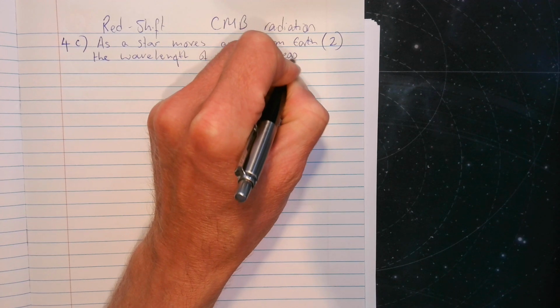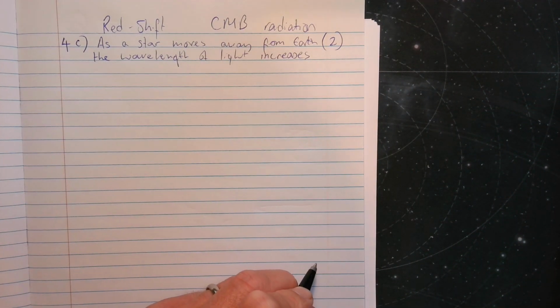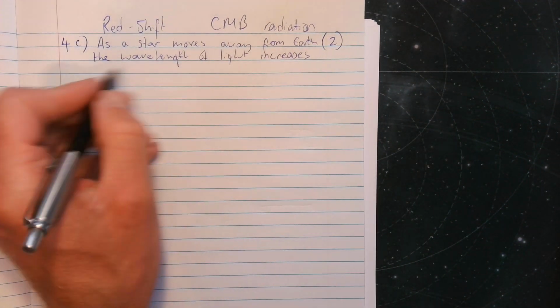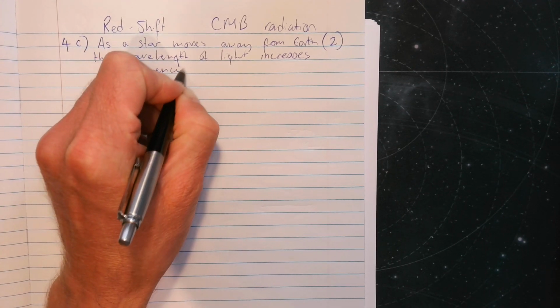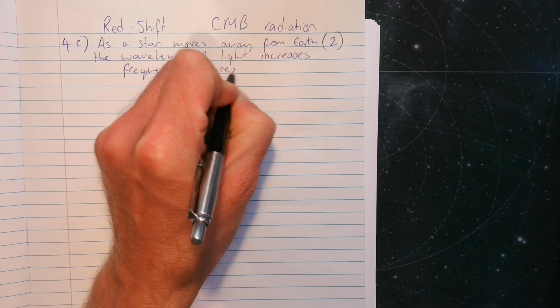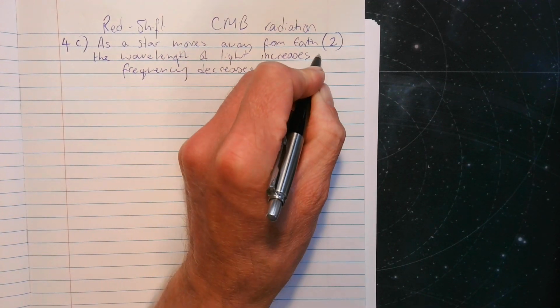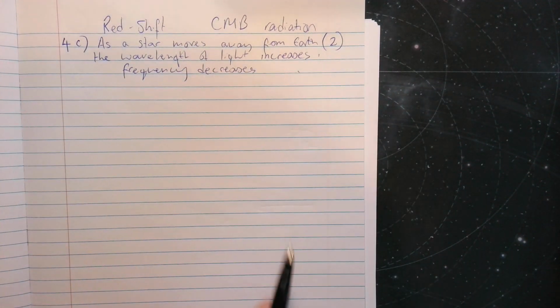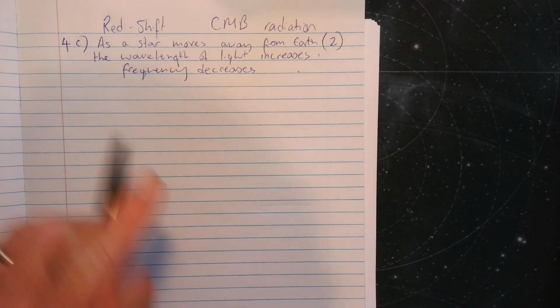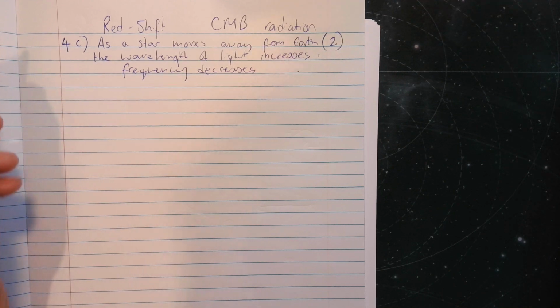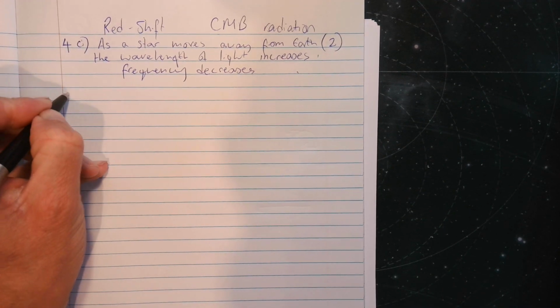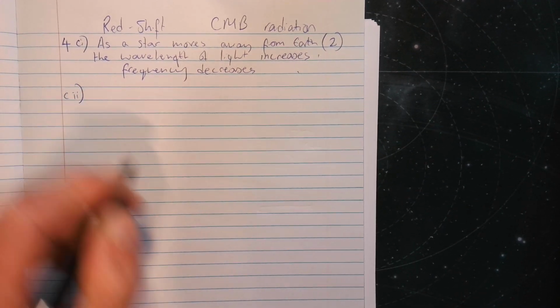It's spreading out, and that would get us our 2 marks. We could say, instead of the wavelength increases, we could also say the frequency decreases. Either of those is going to get the 2nd mark. As an object moves away from us, the wavelength of light increases or the frequency decreases.